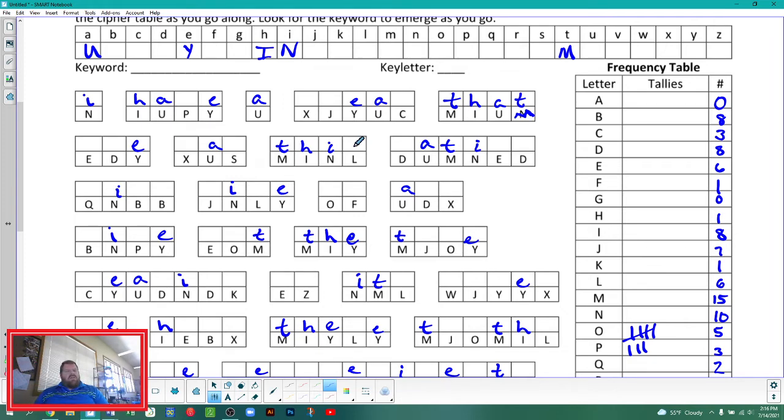I would think that this would be more common than thin, but we are going to jump out on a limb here, and it's true, so it's not that big of a limb. So I'm thinking that this could give me a this. So L is S.